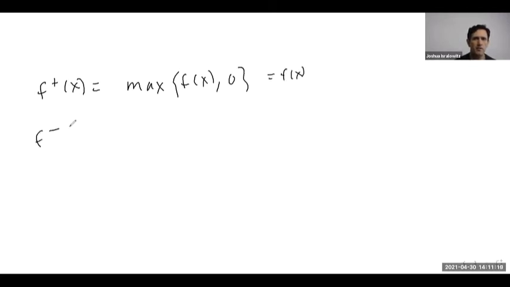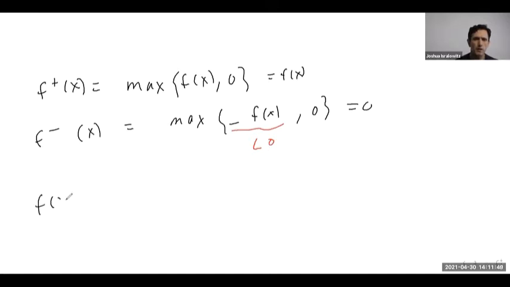On the other hand, f minus is going to be 0, because minus f of x is negative, so the maximum of this is 0.